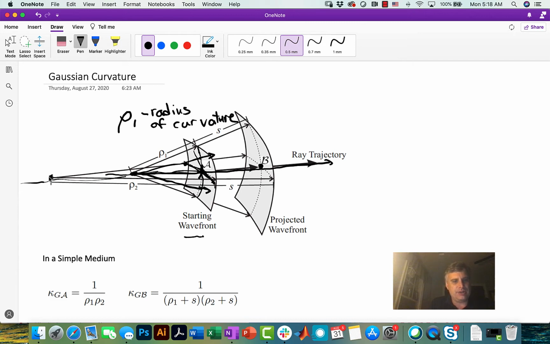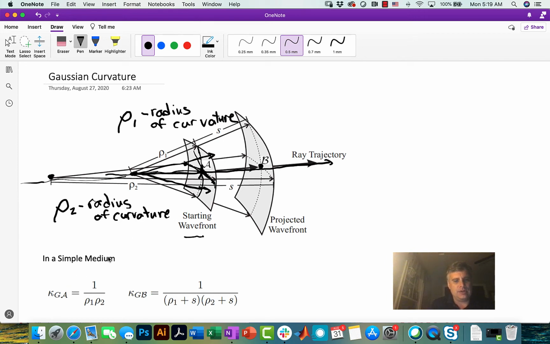And that intersection point over here, with just small displacements, denotes my radius of curvature rho sub 2. And of course, these don't have to necessarily be the same value. They are for a spherical wave, but in the general case, these could take on any general value that conforms to the surface.